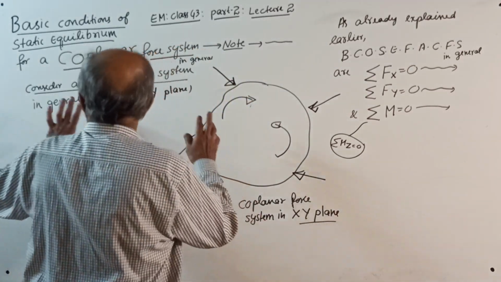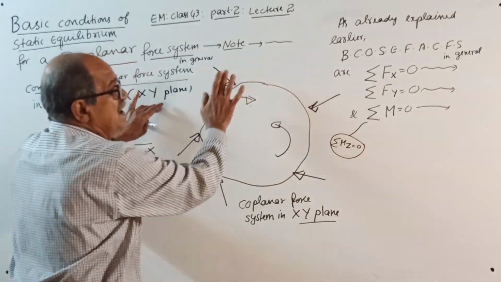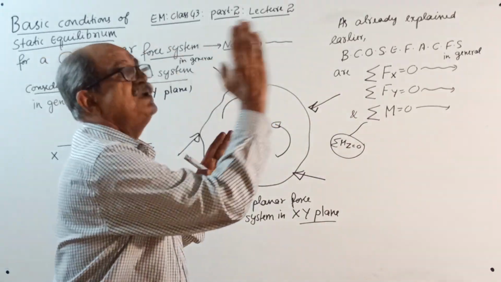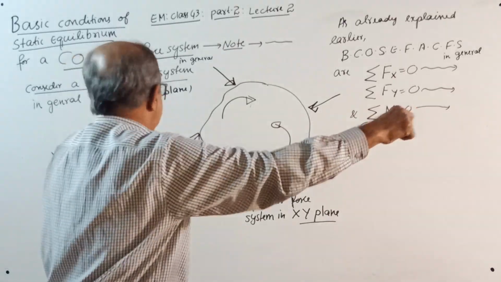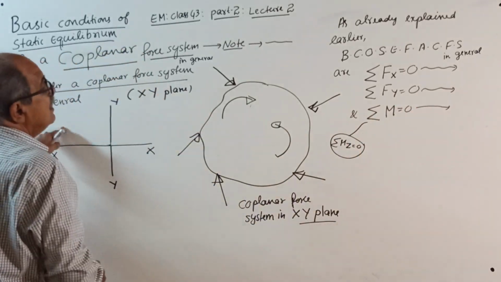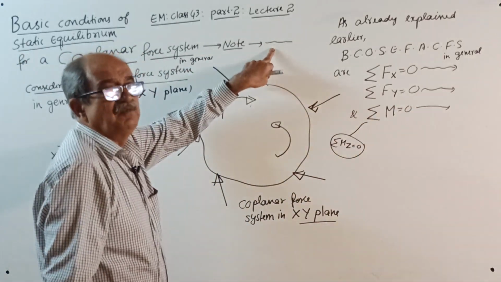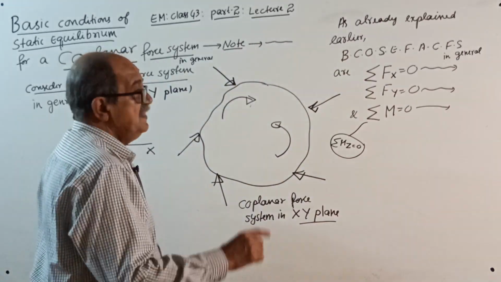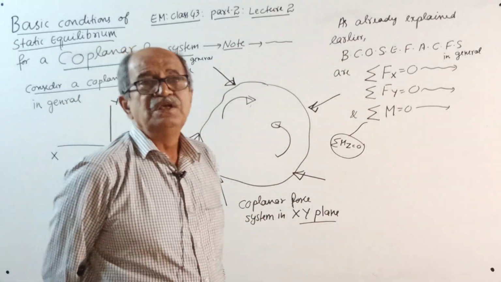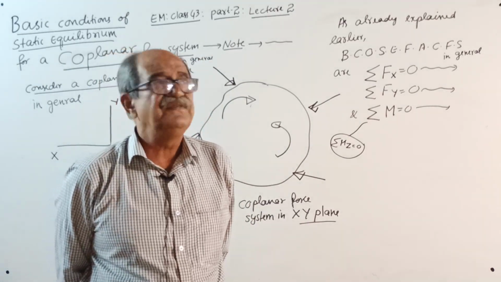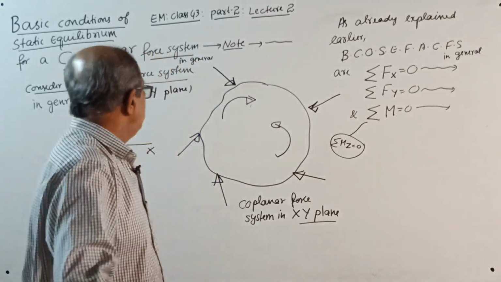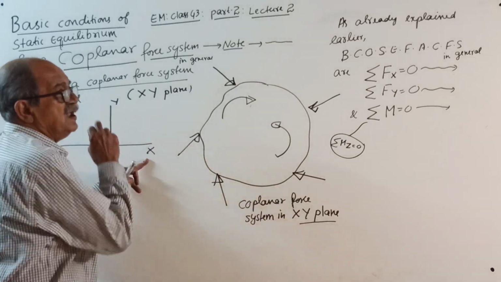Now, coplanar force system means we will consider the xy plane. This is x, this is y. A note once again: a little later, when you go to strength of materials and structural analysis, usually we don't write sigma Fx, sigma Fy.